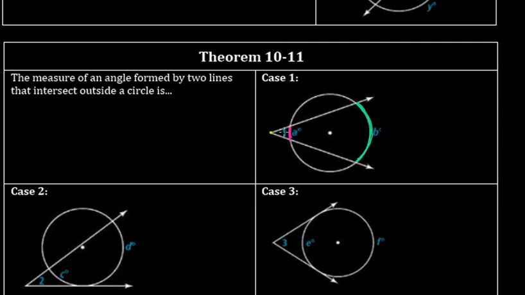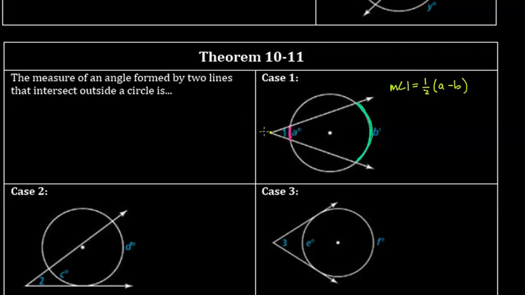And if I want to know the measure of angle 1, the measure of angle 1 would be equal to half of now the difference between those two arc measures. So if I take the big one minus the little one and then take half of that, that's going to be the measure of angle 1.